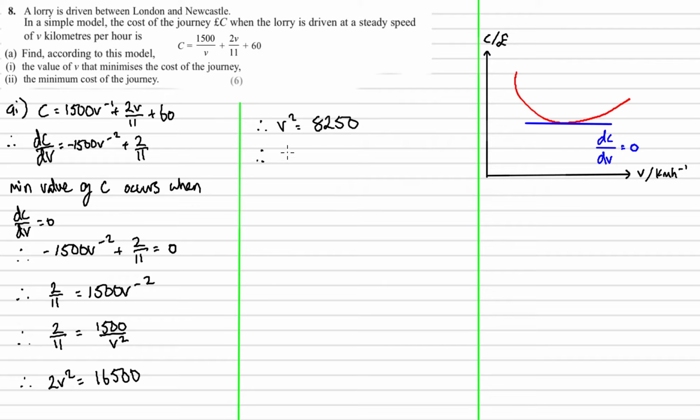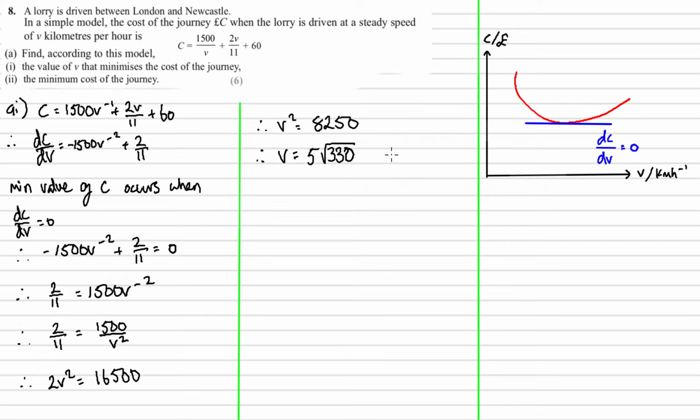And now I can finally say that v is equal to the square root of 8,250. If you put that into your calculator, the calculator will simplify it for you, and it comes out as 5 root 330.